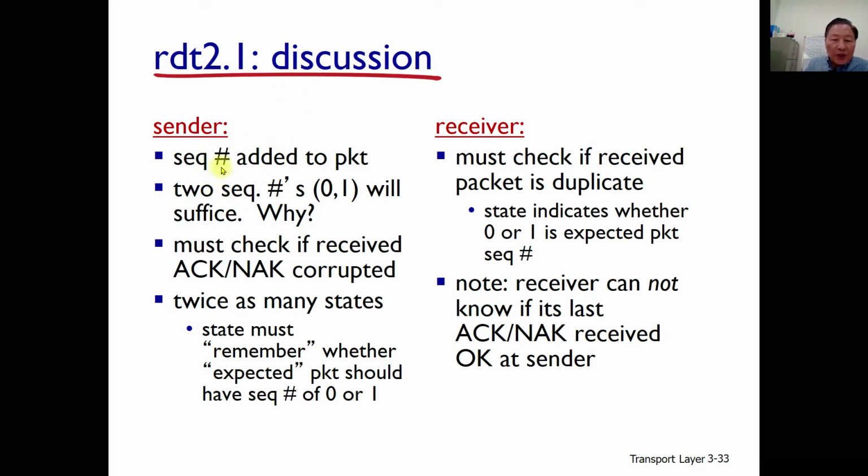The sender adds a sequence number to the packet. We use that sequence number, and those are called the header. The original data and the added header make up the complete packet to send to the receiver. A simple case is that we can use two sequence numbers, 1 and 0. But this one is asking whether that may be sufficient.